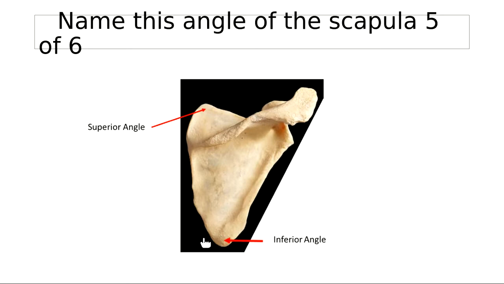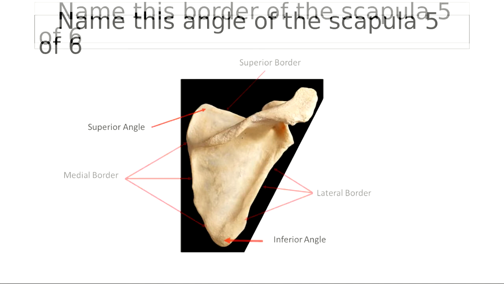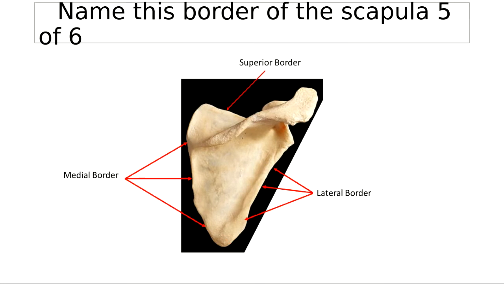And you see this is shaped like a triangle, so we're going to look at the borders next. And here they are. Now look at this scapula. Let's just talk about something first. The spine comes off back, and right over here, where my hand is, that's the glenoid cavity there. So your arm is going to be hanging off over here. Now if that's the case, this is the lateral border. Lateral border.